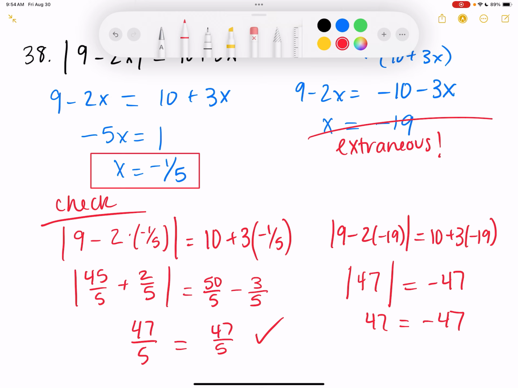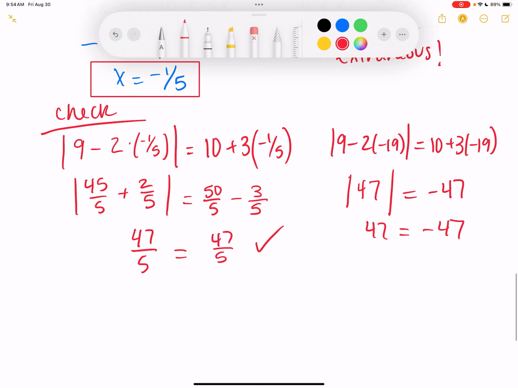All right. The last thing is absolute value inequalities. Again, you're not graphing them, you are just solving them. So number 46, I've got the absolute value of n minus 11 is greater than or equal to 1.